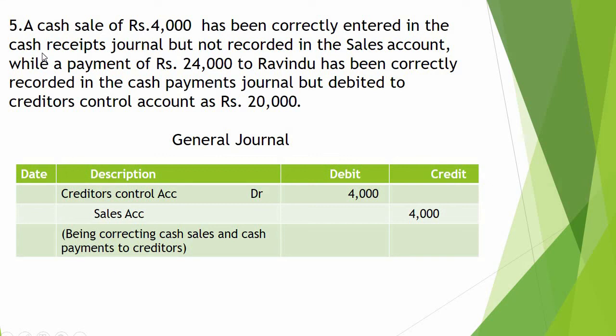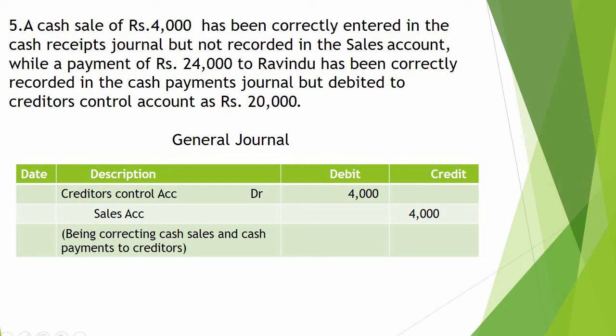Number 5. A cash sale of 4,000 rupees has been correctly entered in the cash receipts journal but not recorded in the sales account. While the payment of 24,000 rupees to Ravindu has been correctly recorded in the cash payments journal but debited to creditors control account as 20,000 rupees.